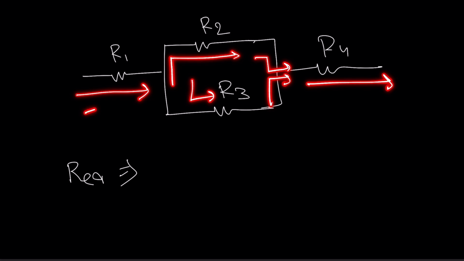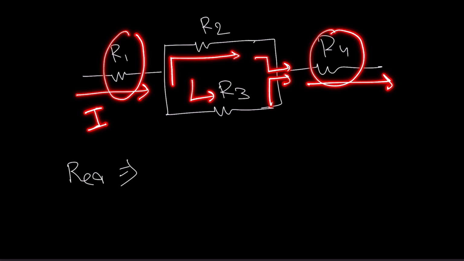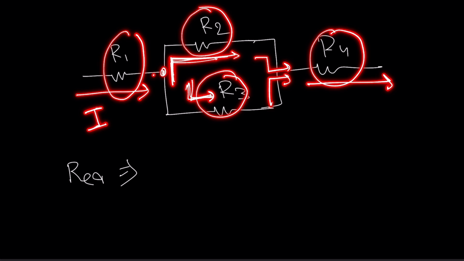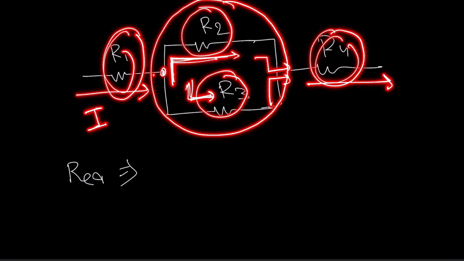That means the current or the flow in this particular resistance R1 and R4 is the same, right? And the flow from R2 and R3 is just divided at this particular node and flows through R2 and R3. That means R2 and R3 resistance is in parallel, right? And R1, R4 and this whole R2, R3 combination is in series.